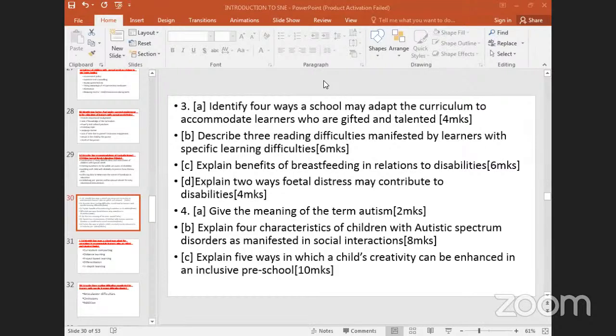Okay, let me start with you. What do you think about X-ray? When expectant mothers undergo X-ray within the first 3 months, it can easily damage the baby in the womb. What is X-ray? Radiation.